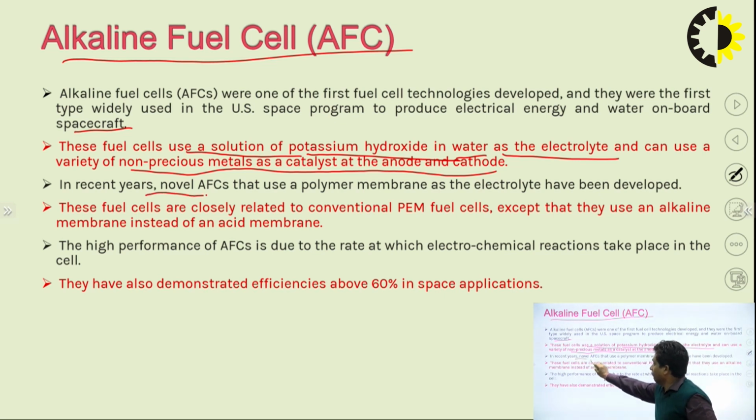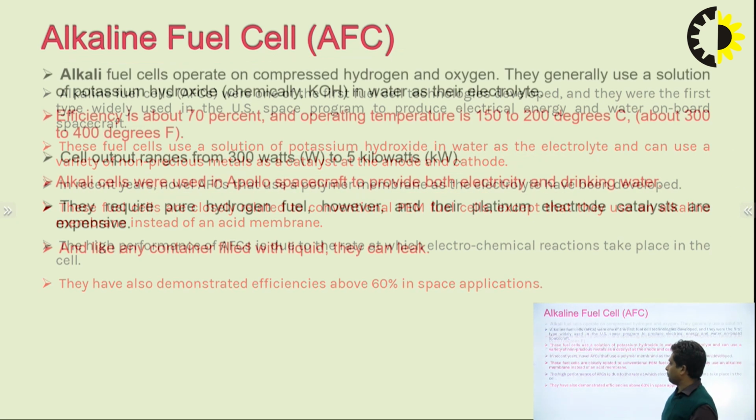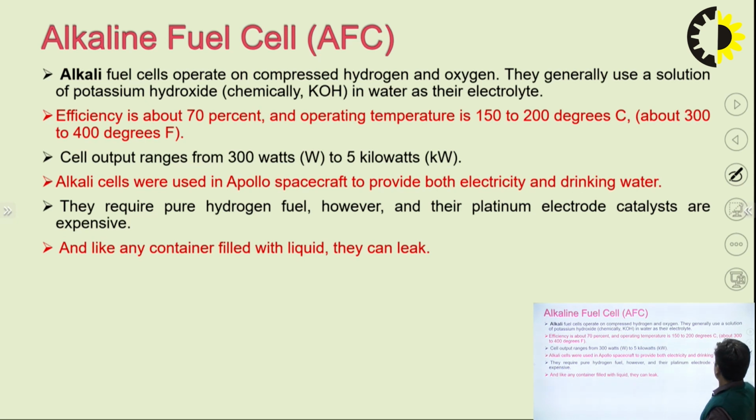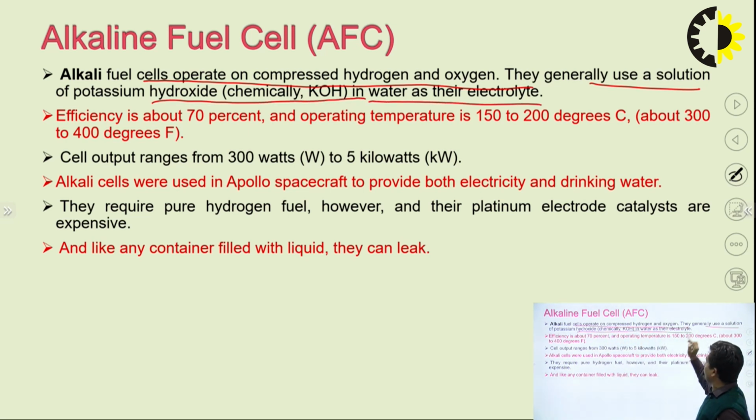Recently, alkaline fuel cells using a polymer membrane as the electrolyte have been developed. They operate on compressed hydrogen and oxygen. They generally use a solution of potassium hydroxide, KOH, in water as the electrolyte.